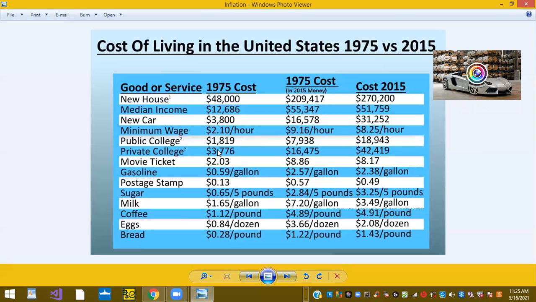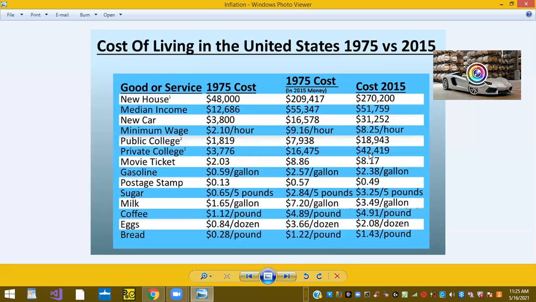Here's another example that the consumer price index or inflation rate that the government keeps, they do not calculate the cost of college. So this is another reason why inflation matters. The cost of college back in 1975, where maybe your parents or grandparents could work a part-time job and go to school and pay for tuition, was only $3,700.